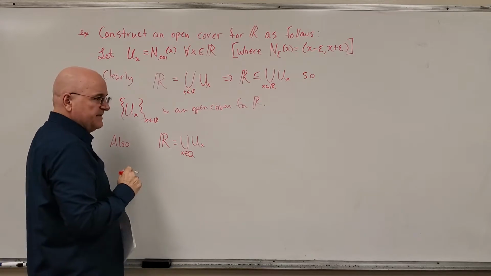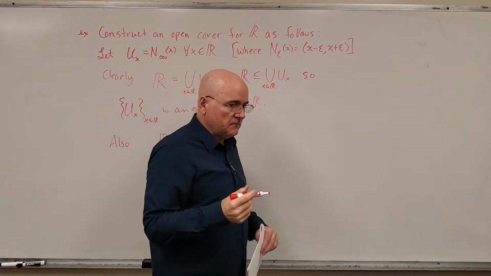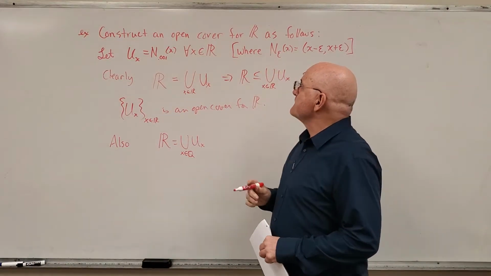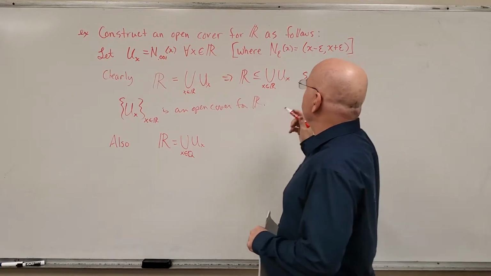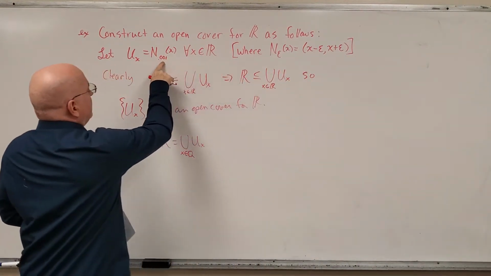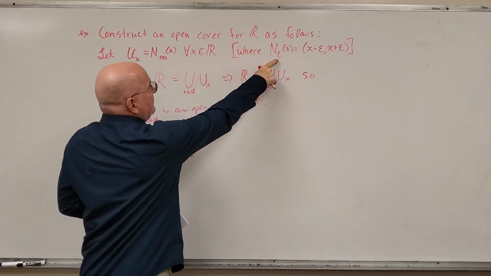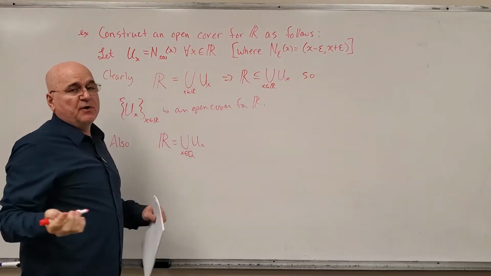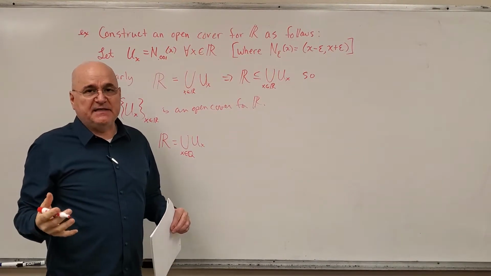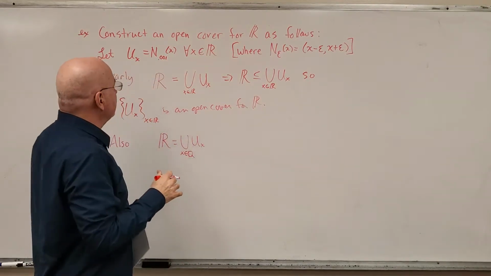Hopefully you can see why that's true. And by the way, I guess I didn't emphasize this before. My epsilon on these intervals, I chose to be 1 over 1,000. I could have chosen it to be anything, larger, smaller, as long as it's positive.